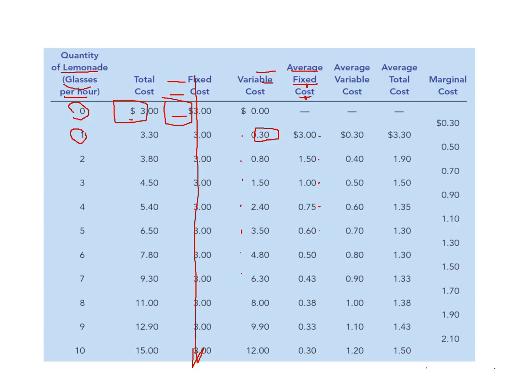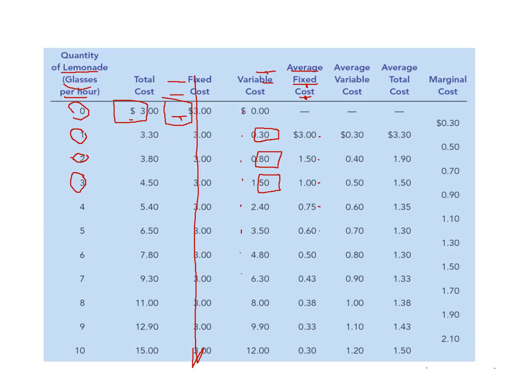But if you double your rate of production, the fixed cost averaged over the number of glasses produced will decrease. It will halve, going down to 1.5, because it is now the fixed costs divided by 2. If we increase the rate of production to 3 glasses per hour, it would be the fixed costs divided by 3, so that would be reduced to 1.